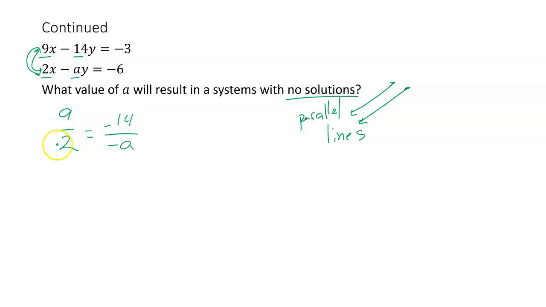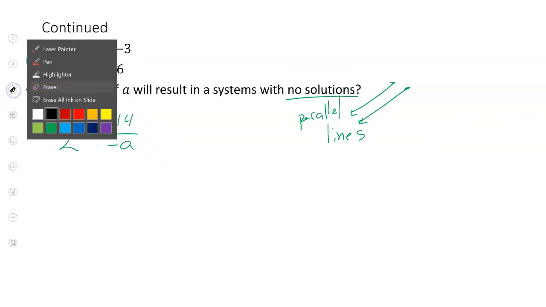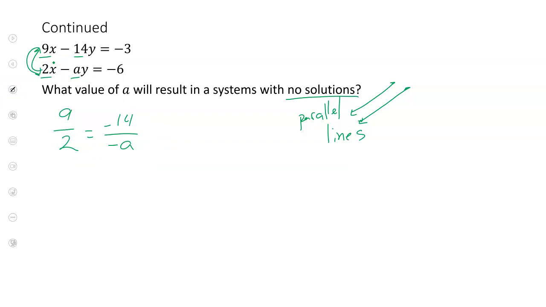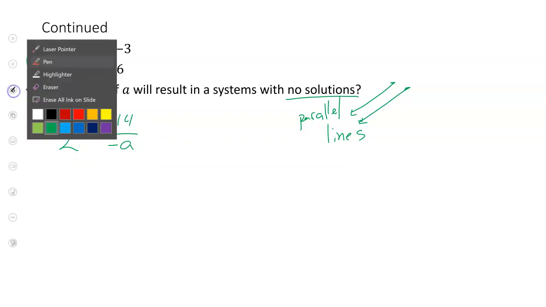You should be able to do the same thing to get to each of these, or to here, or to here, or back, or this way, or all around. That relationship has to be the same, the y coefficients to the x coefficients. So if we set up a proportional relationship, we can just solve for A. Cross multiply.